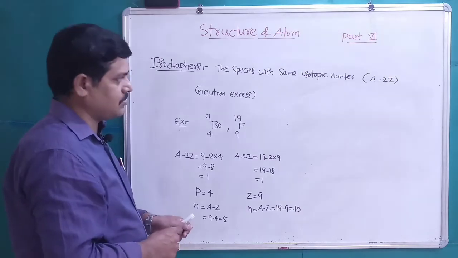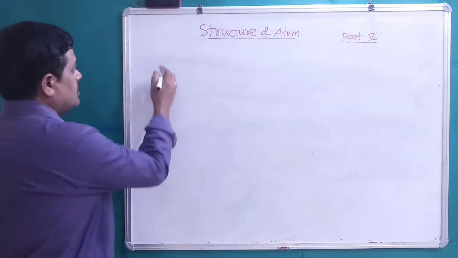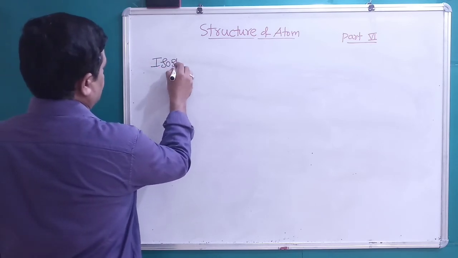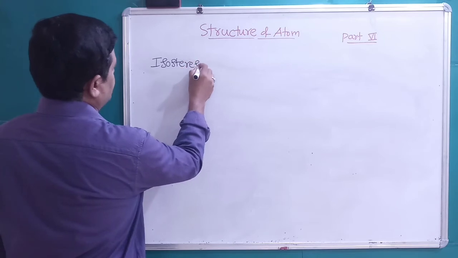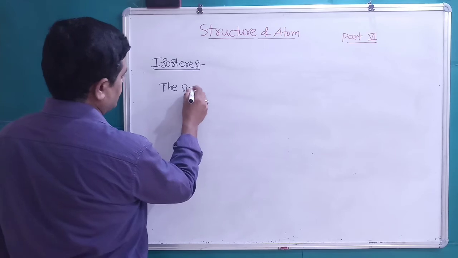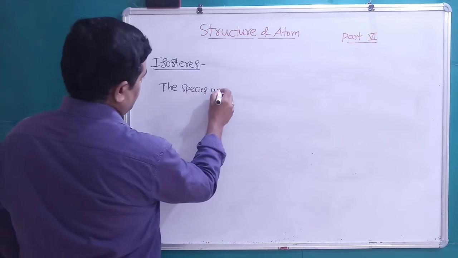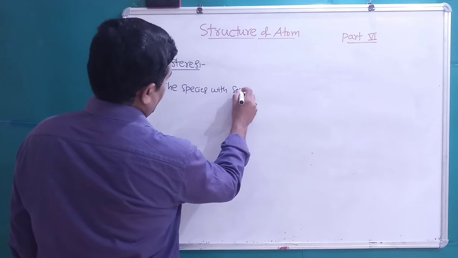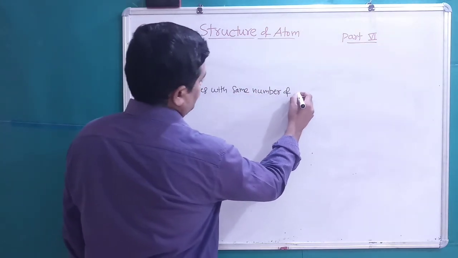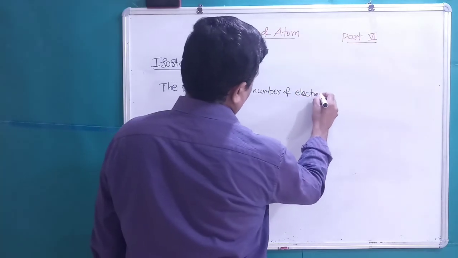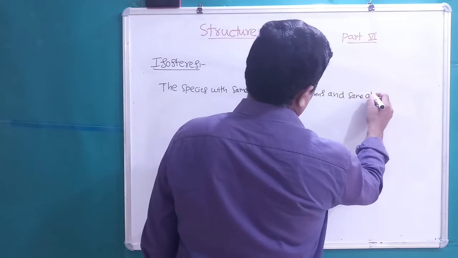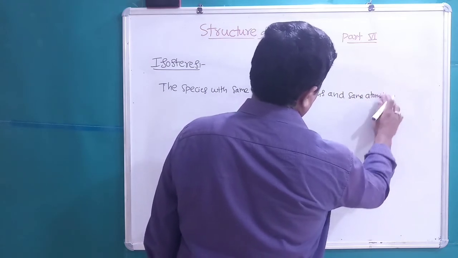Next, let us discuss isosters. Isosters are the species with the same number of electrons and the same atomicity.